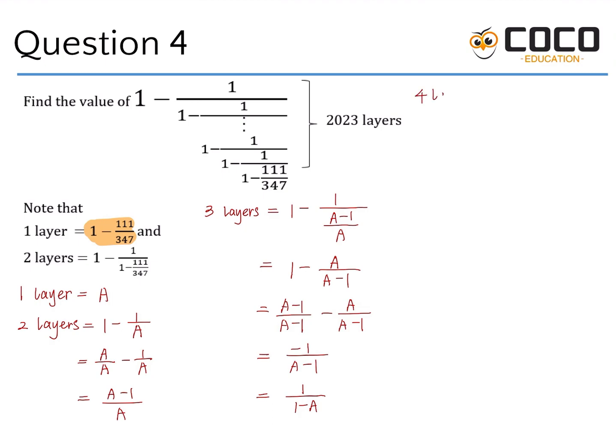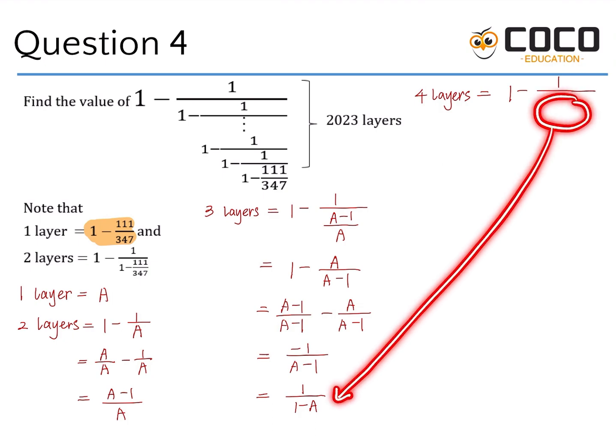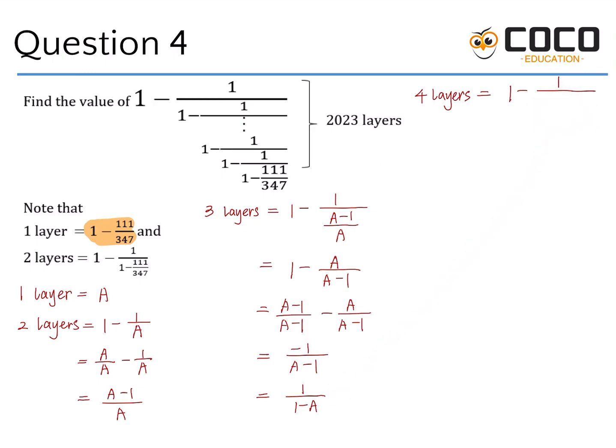But let's say if it's 4 layers, 4 layers will be 1 minus 1 over, now the denominator is the number we get from the third step. This 1 minus 1 over 1 minus A. So simplify this, 1 divided by the number, we get the reciprocal.